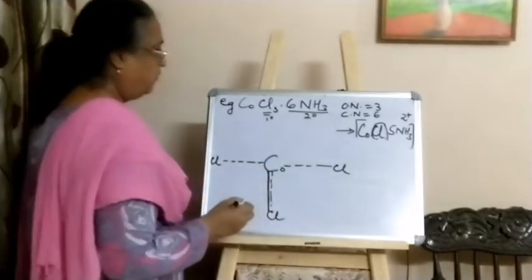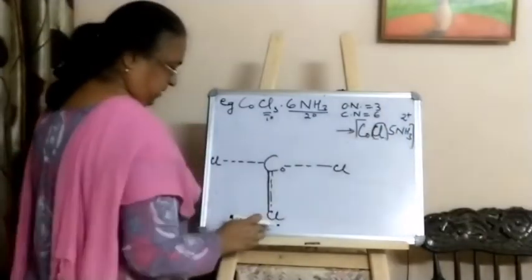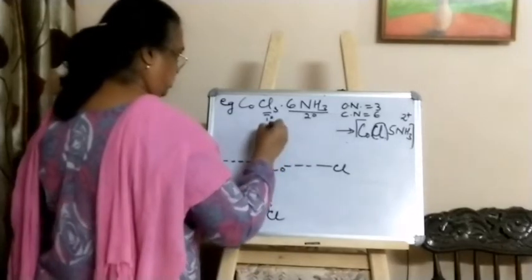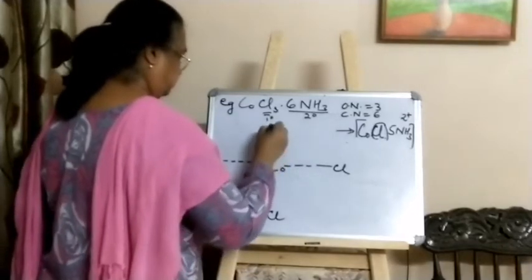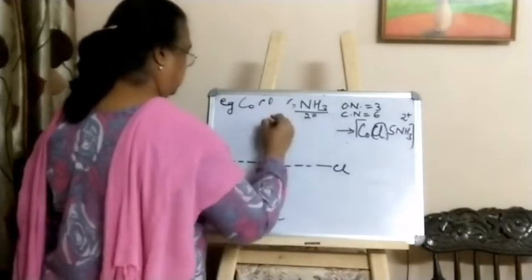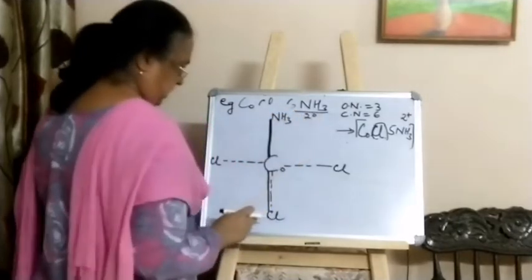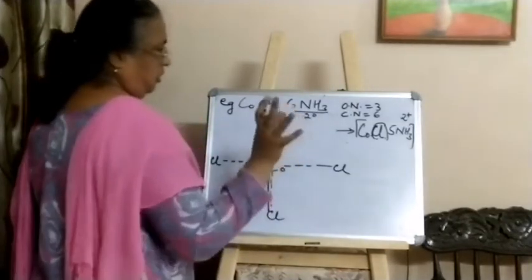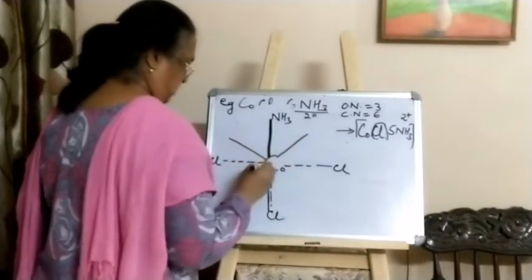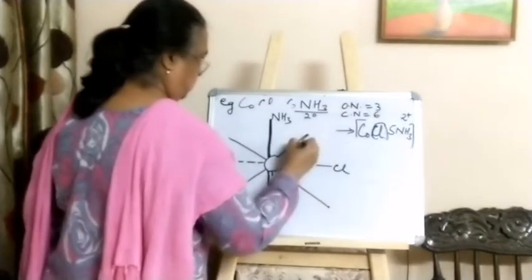Then we have got 5 ammonia. So one of the ligands we have shown here, and 5 more we have to show. So one ammonia here. So how many ligands do we have? 1 and 2. So 4 more. So 1 here, 1 here, 1 here, and 1 here. You can make it thick.